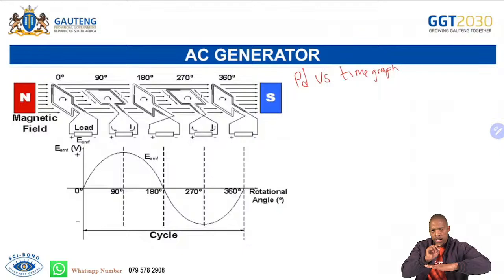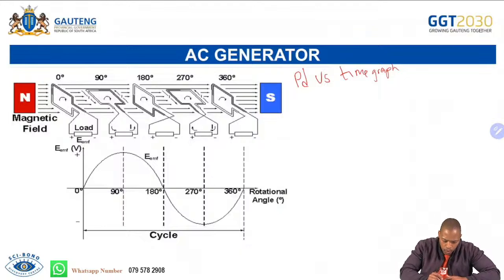As it rotates from here to here, 90 degrees, and when it gets here, it is cutting, which means it now produces the maximum EMF, also inducing the maximum current there. And as it rotates to the other side, it is now at 180 degrees, from 0 to 180. It is not cutting anything. And as it comes back, it cuts the magnetic field again at 270, producing maximum.